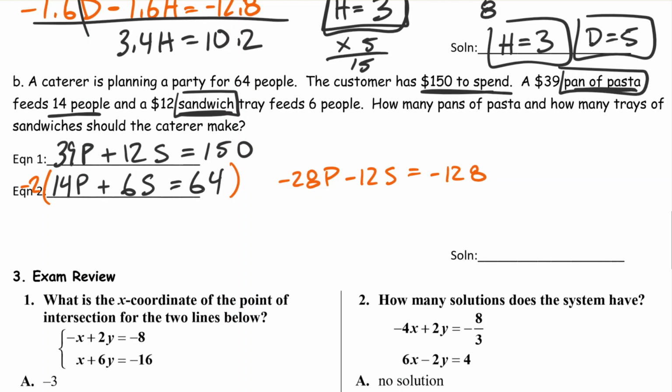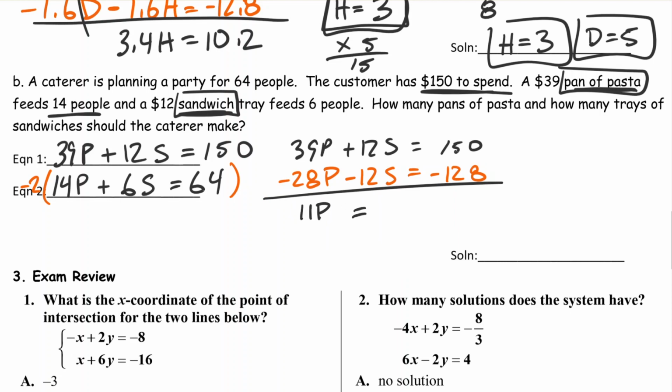And I'll rewrite the top equation: 39P plus 12S equals 150. And 39 minus 28 makes 11P equals, our S's cancel, and 150 minus 128 is 22, so divide by 11, and P is 2.